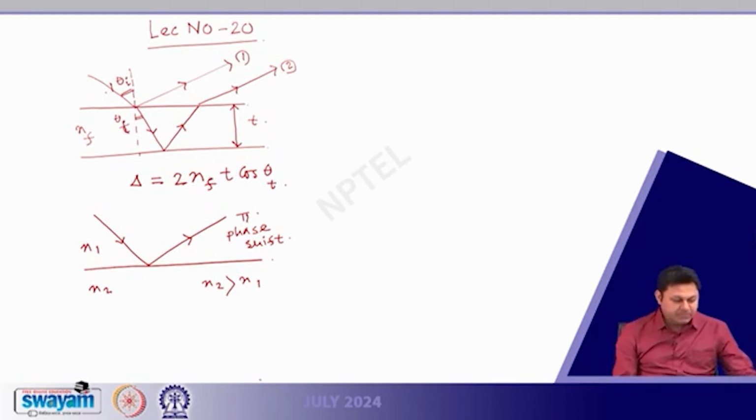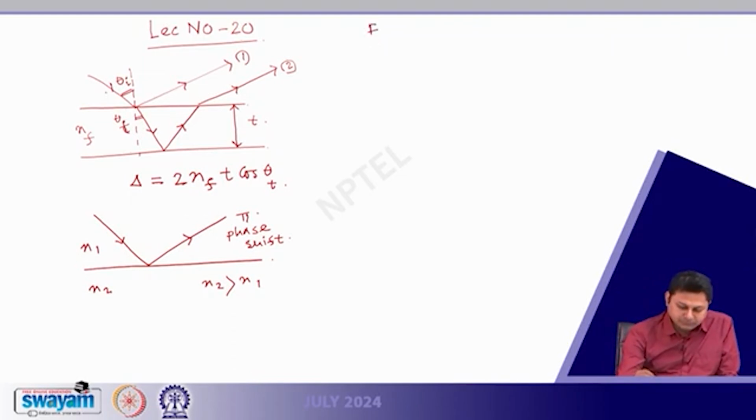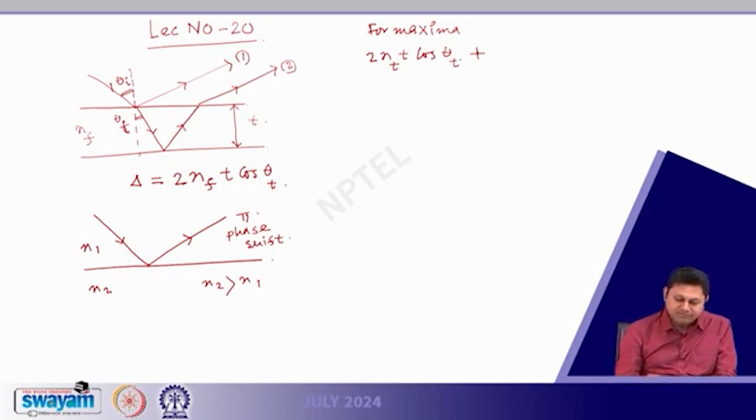So the final condition for maxima, that is for constructive interference, is the path difference 2 nf t cos theta t plus this additional path due to the reflection, which is lambda by 2, equal to m lambda.